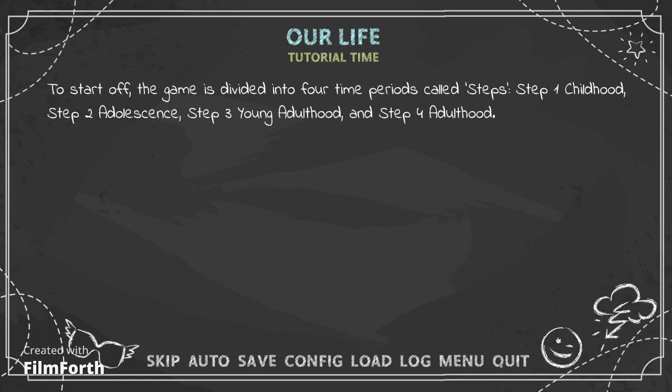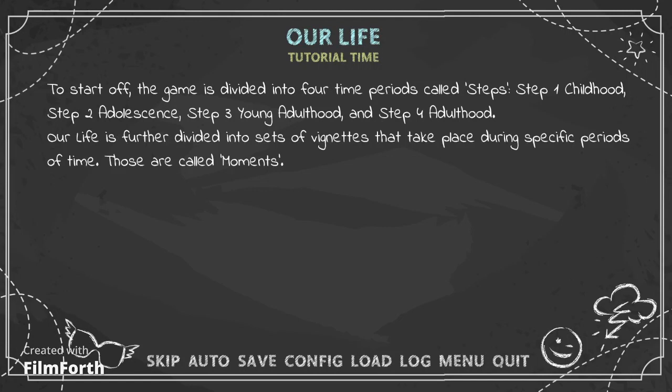Okay. To start off, the game is divided into 4 periods called steps. Step 1, childhood. Step 2, adolescent. Step 3, young adult. And Step 4, adulthood. Our life is further divided into sets of vignettes that take place during specific periods of time. Those are called moments.